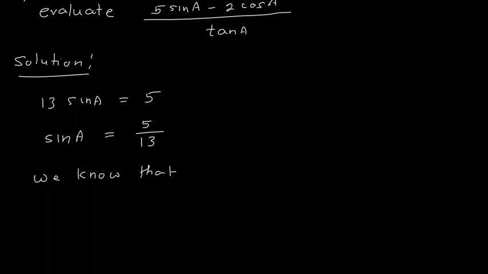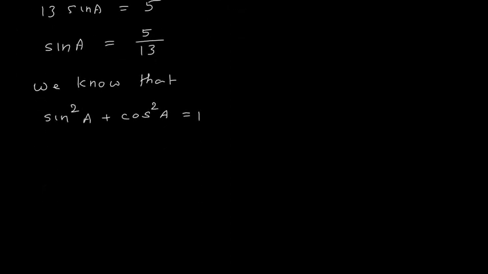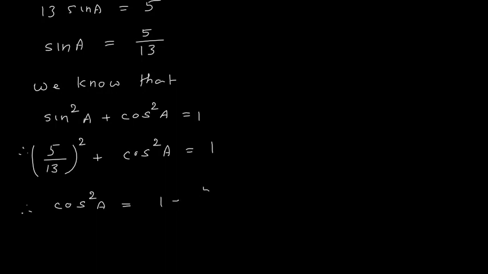sin square A plus cos square A will be 1. So therefore I will say 5 upon 13 whole square plus cos square A is equal to 1, as cos square I don't know. So therefore cos square A will be 1 minus 5 upon 13 the whole square.